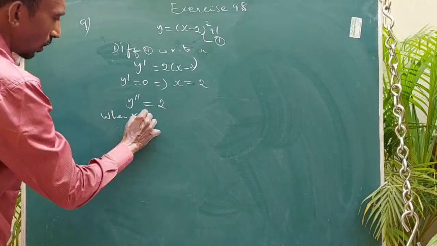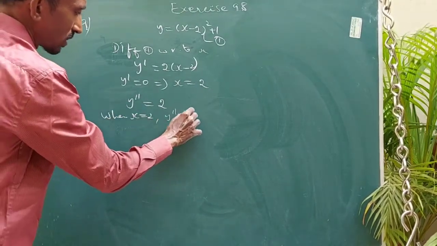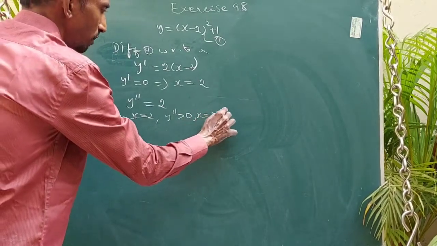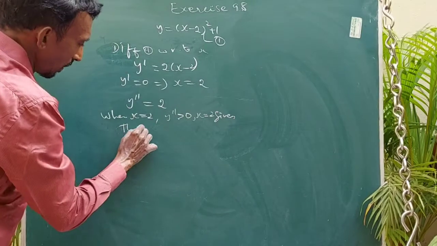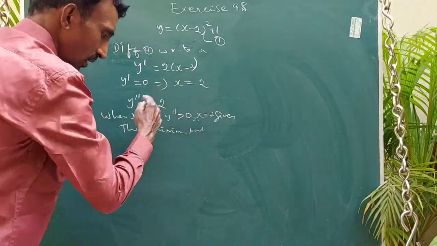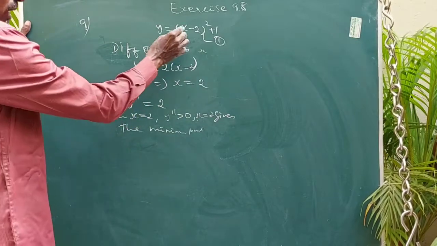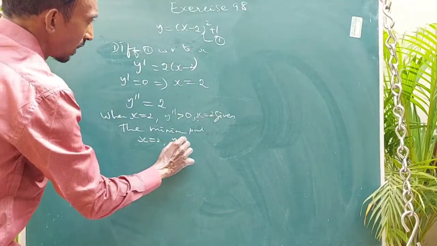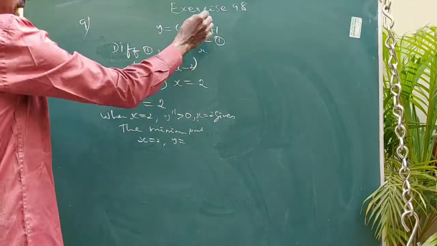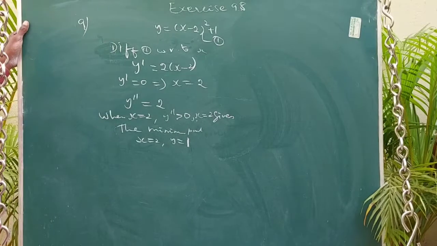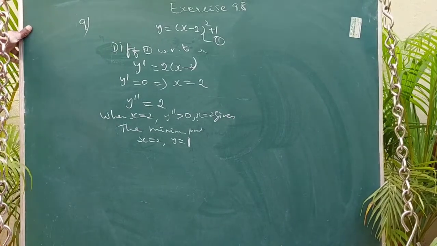So when x equal to 2, y double dash greater than 0. So x equal to 2 gives the minimum point. So x equal to 2 implies y equal to (2 minus 2) square plus 1, so y equal to 1. So the minimum point is (2, 1).